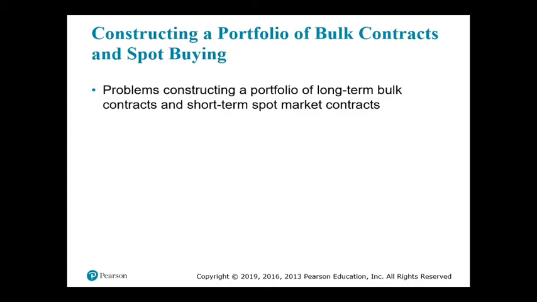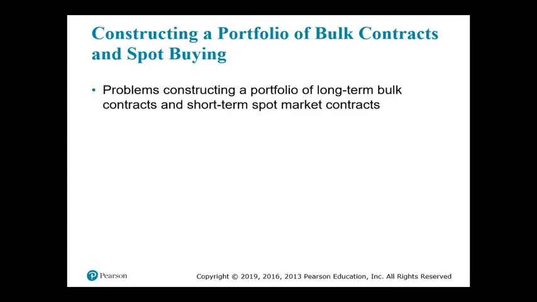So basically, the bulk contracts are long-term contracts where we're selling at wholesale prices. So these are generally cheaper than retail prices, and the spot market contract requires us to immediately deliver the product.